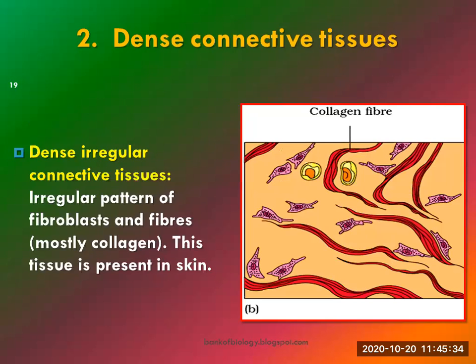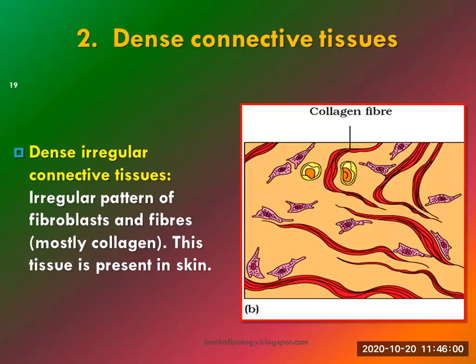Dense irregular connective tissue. Earlier we saw the regular patterns; now you see here an irregular arrangement of the fibers. The fibers are getting arranged irregularly. In this dense irregular connective tissue, there is an irregular pattern of fibroblast cells, and mostly collagen fibers are present here.